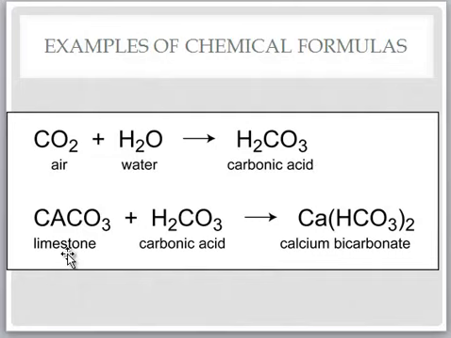The second equation, CaCO3, which is just limestone, plus H2CO3, which we've already seen is carbonic acid, gives us calcium bicarbonate. Okay? Limestone and carbonic acid are the reactants. The product is calcium bicarbonate.